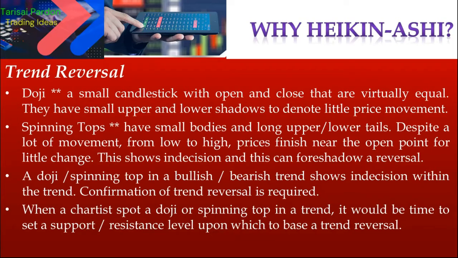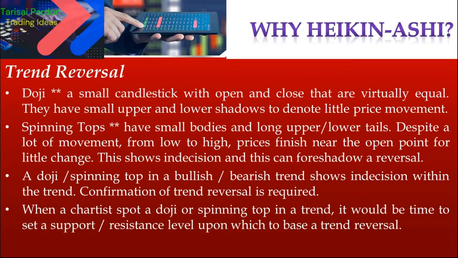You can also have spinning tops, which have small bodies and long upper or lower tails. Despite a lot of movement from low to high, prices finish near the open point for little change. This shows indecision, and this can foreshadow a reversal.